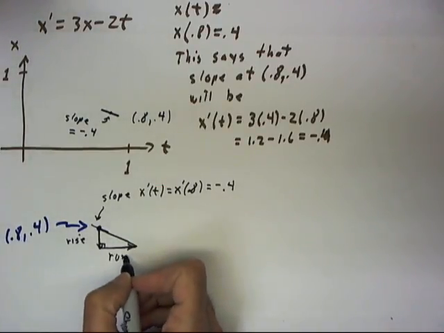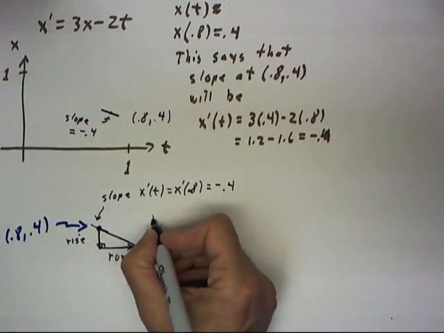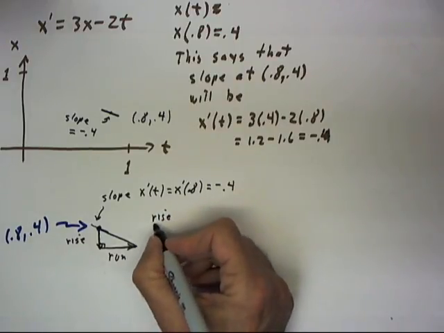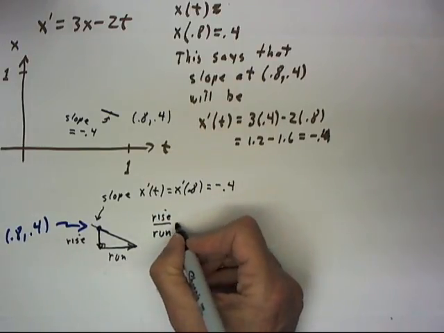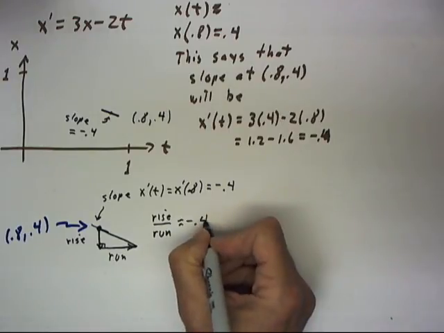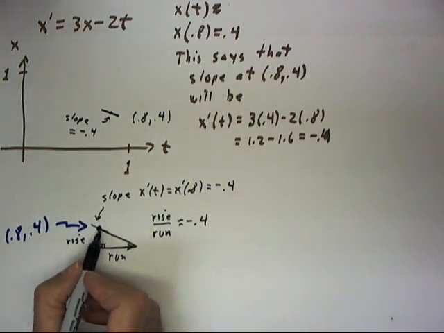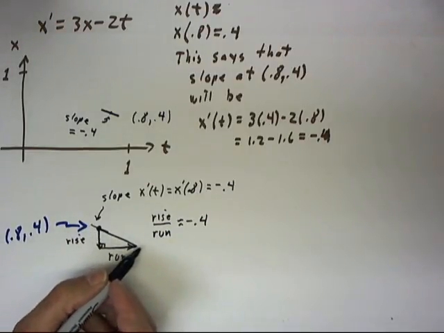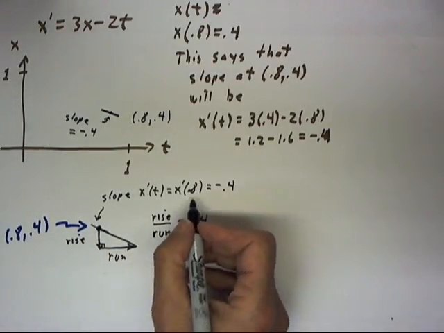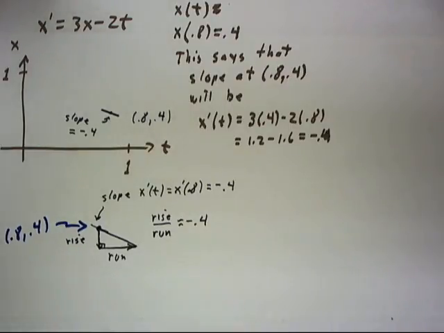And that the rise divided by the run is going to be about negative 0.4. Now at this point, the closer we are to the point, the less distance we move from the point, the closer our rise over run, the closer our slope will stay to negative 0.4.